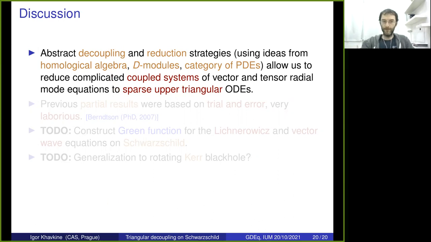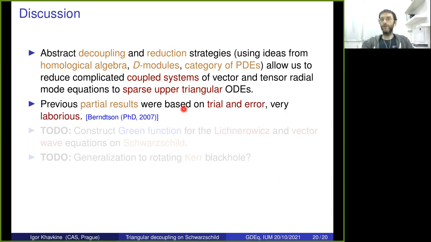I applied them in the particular case to simplify the equations coming from the separation of variables of certain tensor wave equations on the Schwarzschild spacetime. And in doing so, I obtained results that completed certain previous partial results that were obtained in very trial and error and laborious ways earlier.